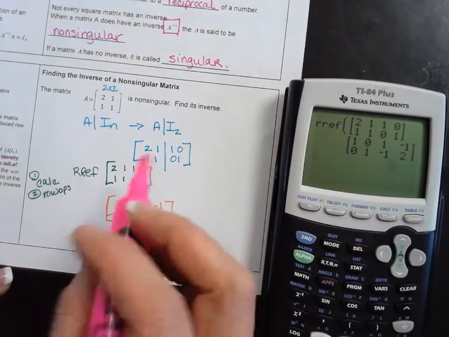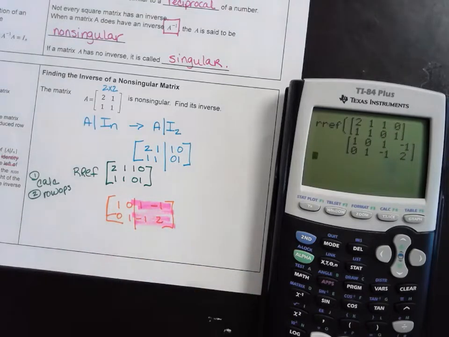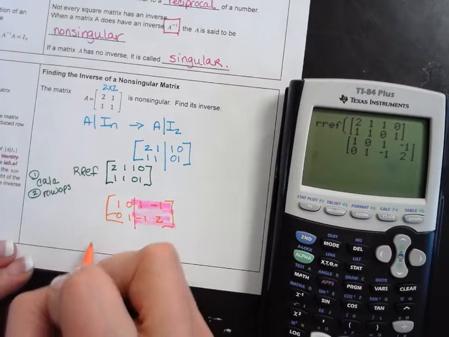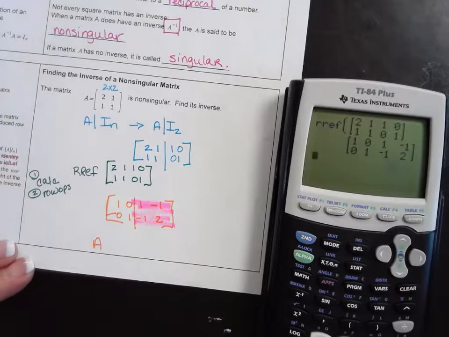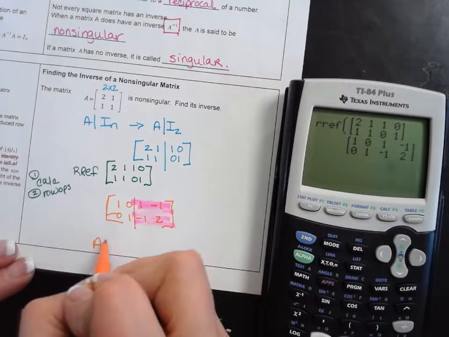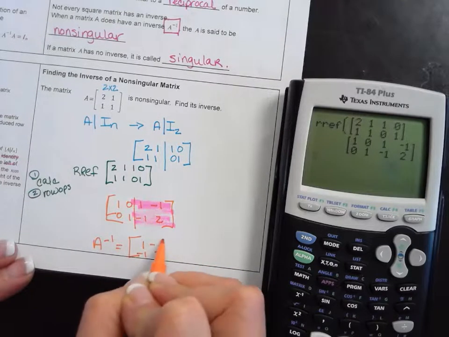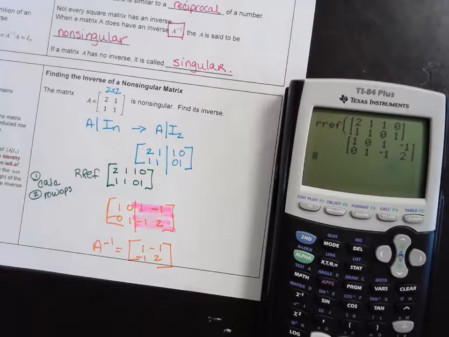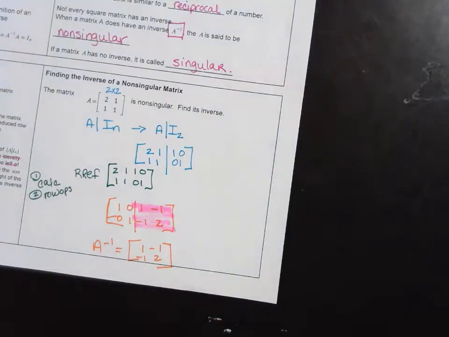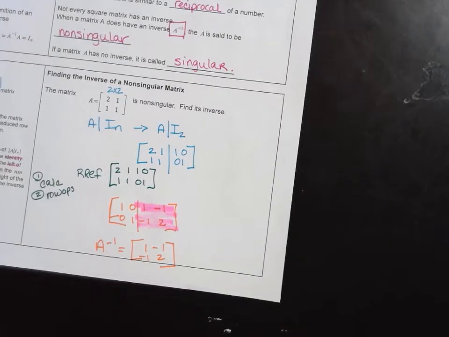So my identity matrix is going to be, or my inverse, I'm sorry, 1, negative 1, negative 1, and 2. Easy peasy. Good?